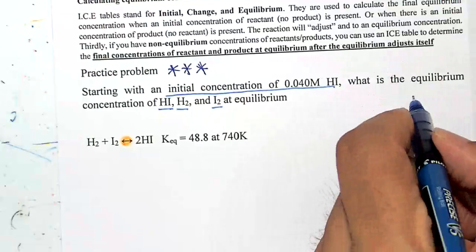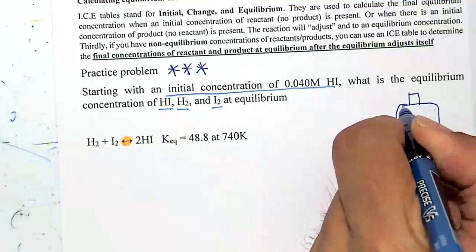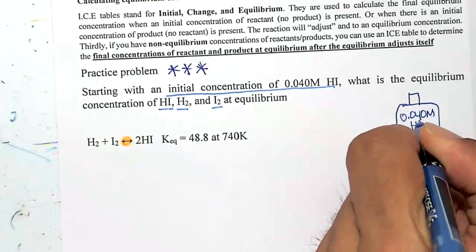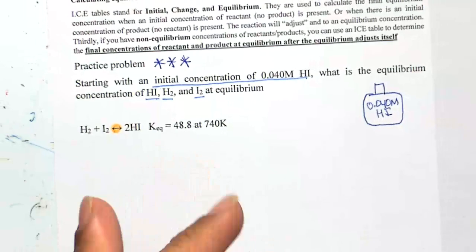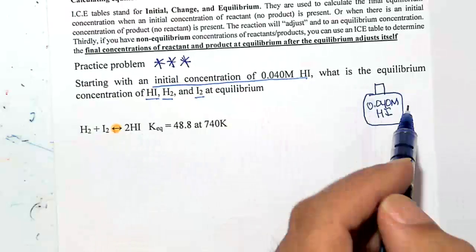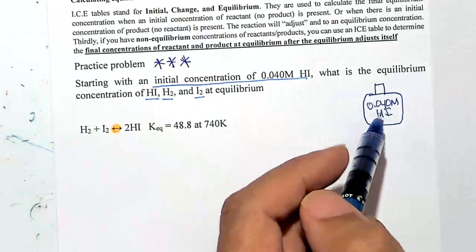Now, let me just try to explain this to you. Imagine you have a bottle of HI. Now, Jacob and the rest of the class, this is an equilibrium. So this bottle does not contain only HI. It's an equilibrium. What else does this bottle contain?